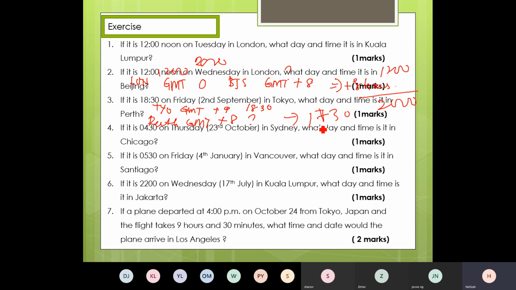Okay, number 4. If it's 4:30 a.m. on Thursday, 23rd October in Sydney, what day and time is it in Chicago? Sydney's GMT is plus 10, and Chicago is GMT minus 6.